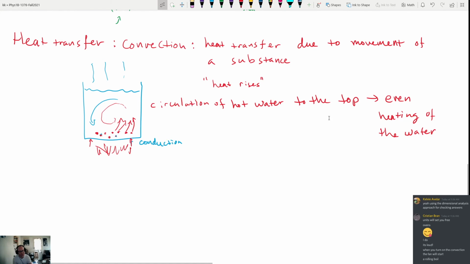So the circulation of the hot water to the top leads to an even heating of the water. It's heat transfer due to movement of a substance, right? The substance being moved here is the water. The water rises to the top. Yeah, rolling boil. Yep.